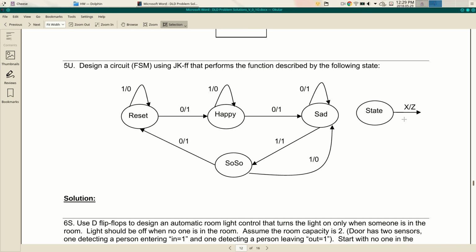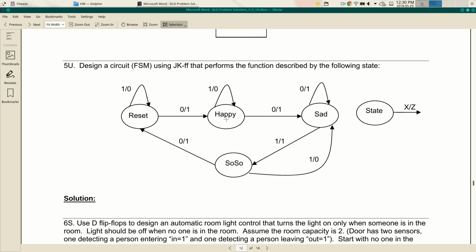So in words, suppose you're in the reset state and your input is a 0. What's your new state going to be? So your state is either reset, happy, sad, or so-so. If you're in the reset state and your input's a 1, you're following this arrow, you stay in the reset state. If your input is a 0, that's the thing before the slash, your next state is happy.